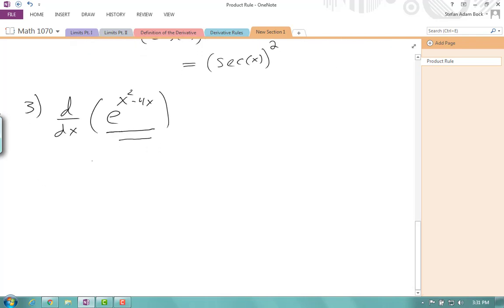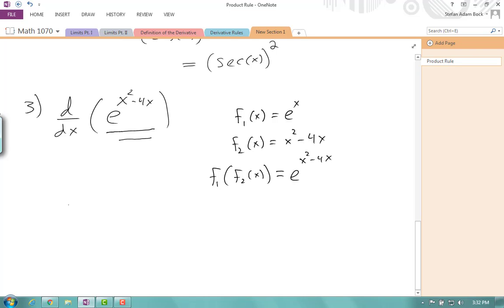It's also helpful if you need to identify how these functions are nested. So I could say f1 is equal to e to the x, f2 is equal to x squared minus 4x, and I could recognize that here, if I take f2 and put it inside of f1, then I'm going to get e to the power of x squared minus 4x.